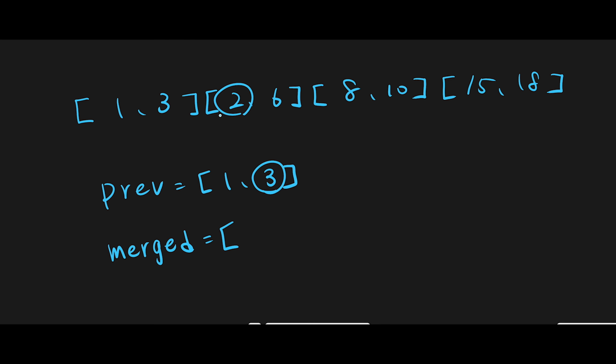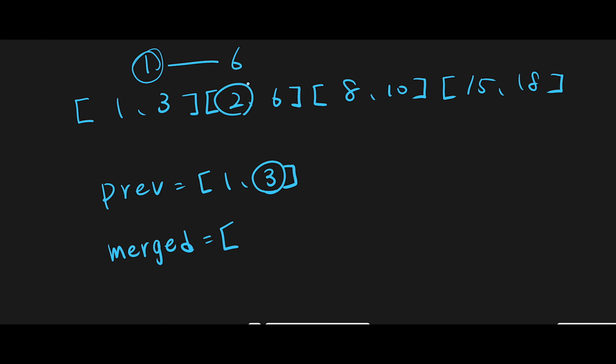But how? If we merge these two intervals, the interval should be 1, 6, right? So we should keep 1, because the previous interval starts at 1. But the ending time in the previous interval is 3, and in this case we should keep 6.